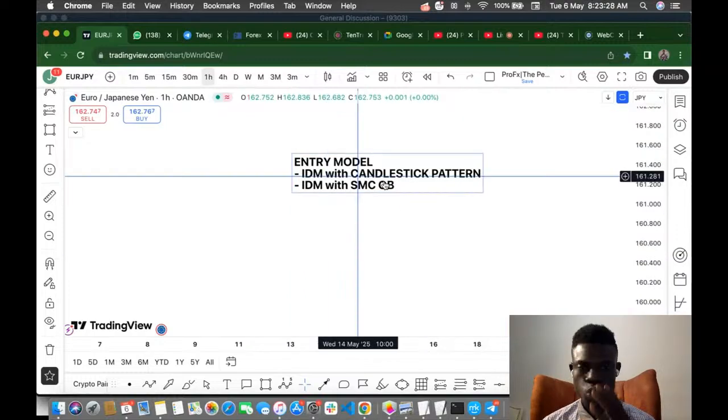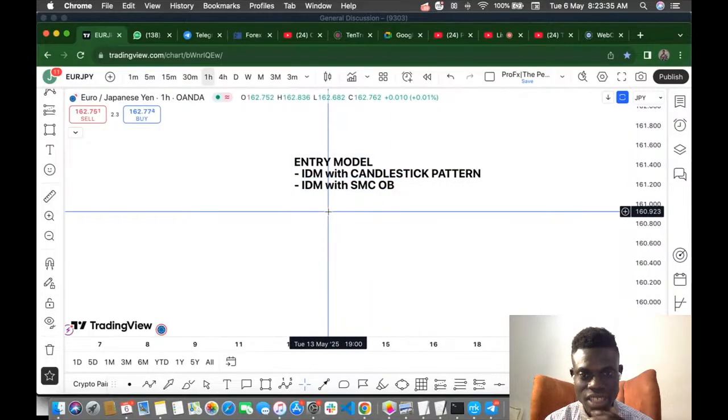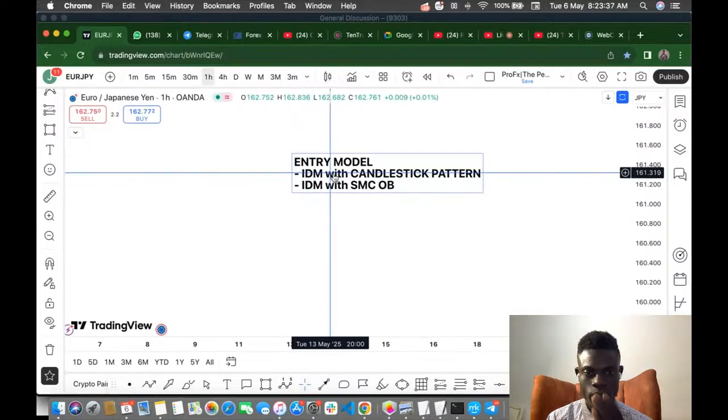It can be only these two, because I'm giving these names so that it can help us relate and understand. The entry model is IDM with candlestick pattern.